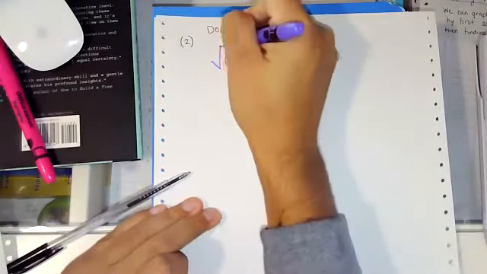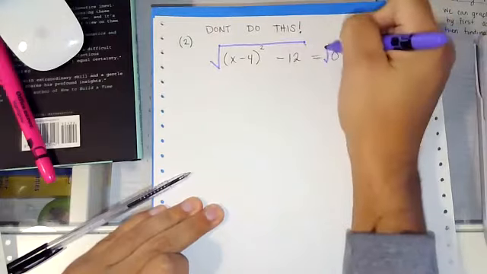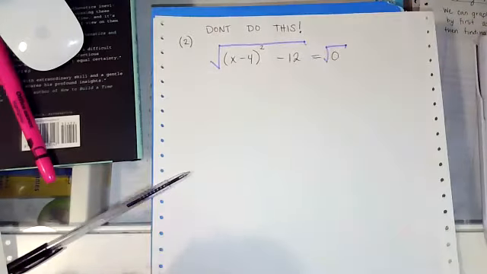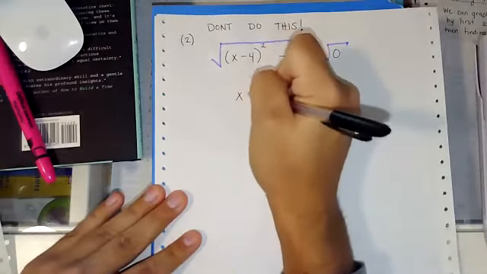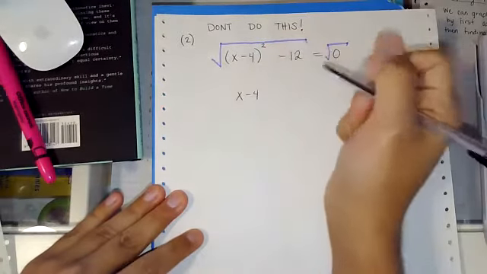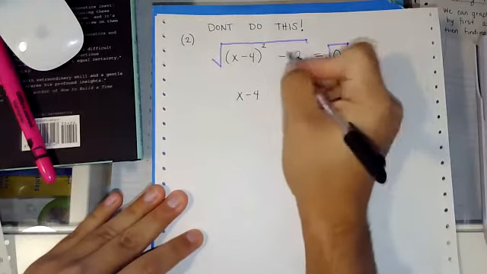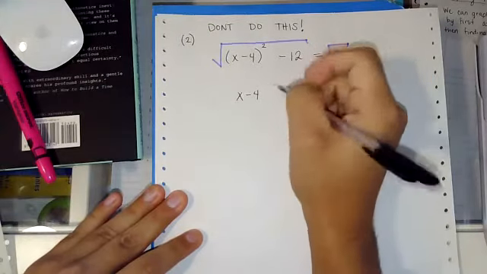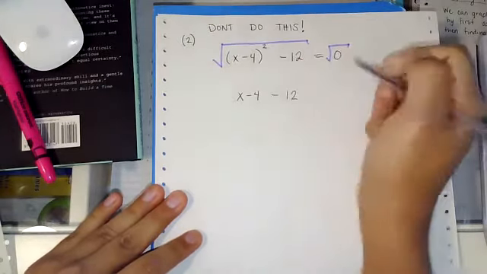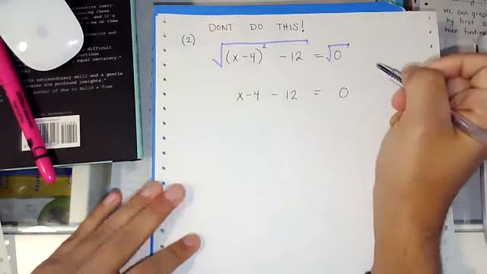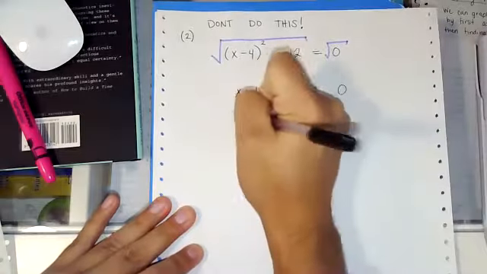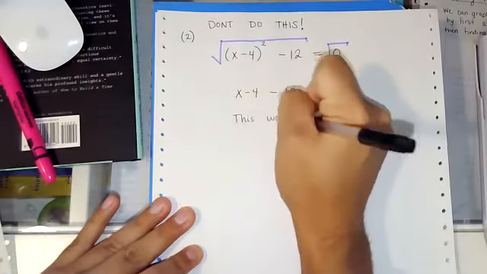They immediately start and just take the square root of this side and the square root of that side. And then they say that this is x minus 4. Maybe they neglect this thing over here and they just say that that's minus 12 or something like that. And then the square root of 0 is 0. This would be bad.